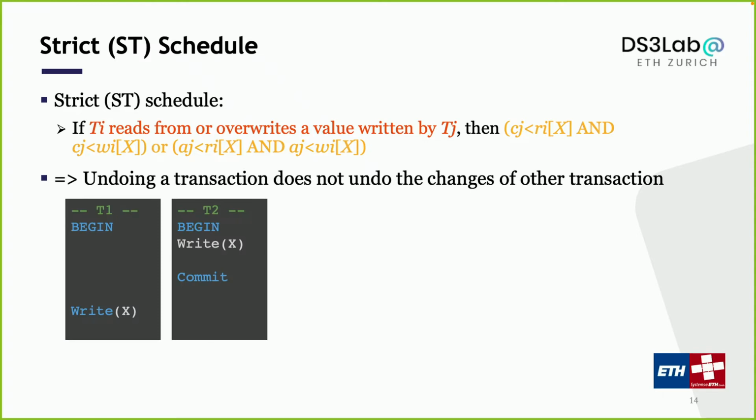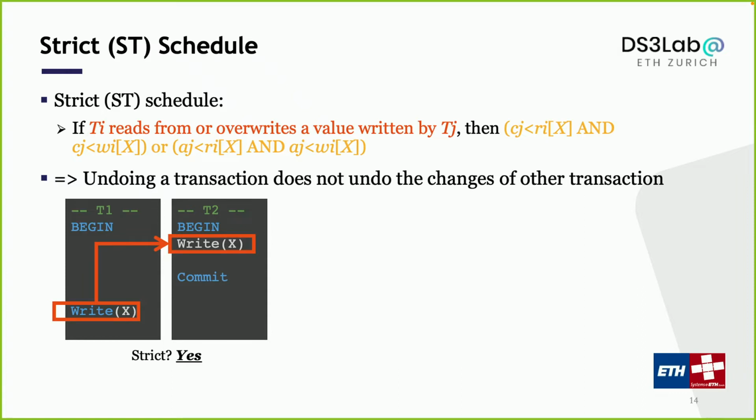Now let's look at one example. Here you have a schedule where T2 writes, T1 writes, and then T2 commits, and then T1 writes. Is this schedule strict? Who thinks this one is strict? Who thinks this one is not strict? So this one is strict. The way to think about it is very similar to ACA.